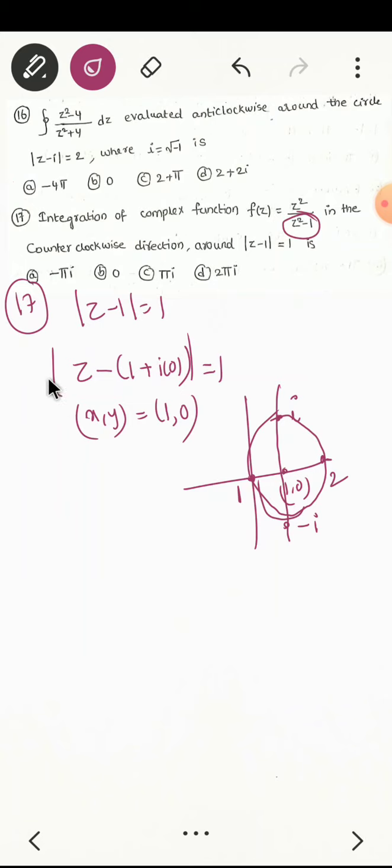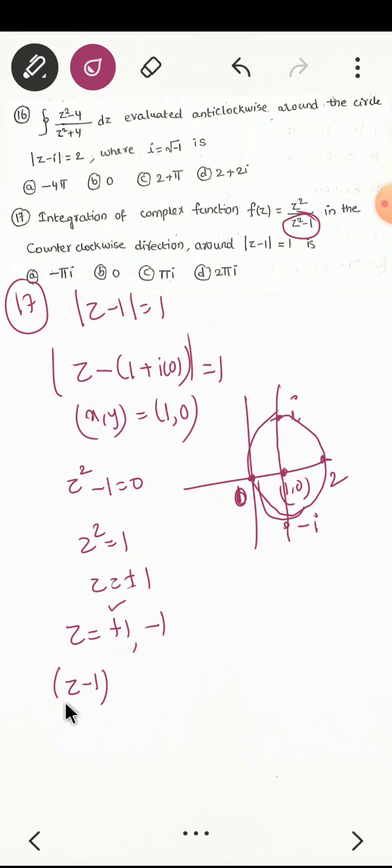Then take this denominator, z square minus 1 equal to 0, z square equal to 1, z is equal to plus or minus 1. That is z is equal to plus 1, minus 1. Is z equal to plus 1 inside the contour or outside the contour? z equal to plus 1 is inside the contour, and z equal to minus 1 is outside.